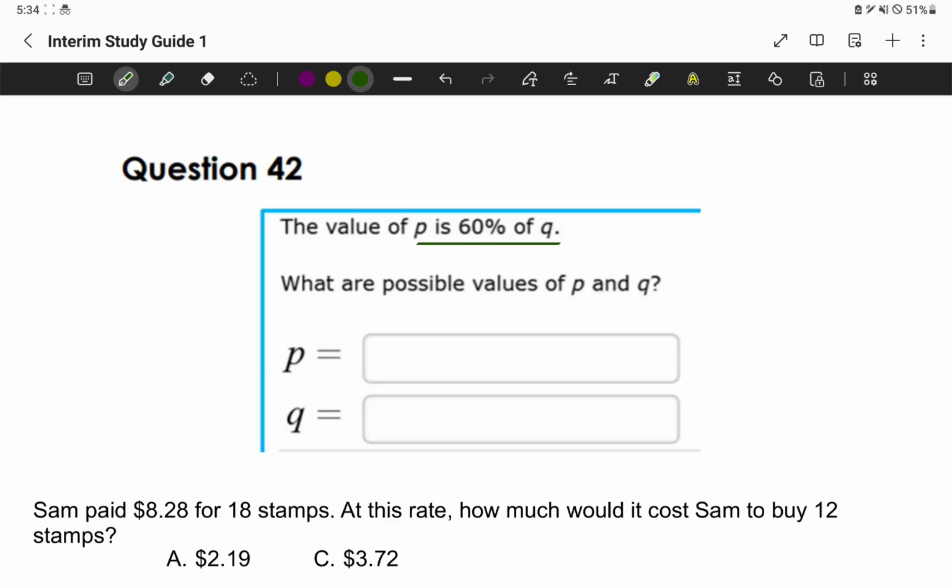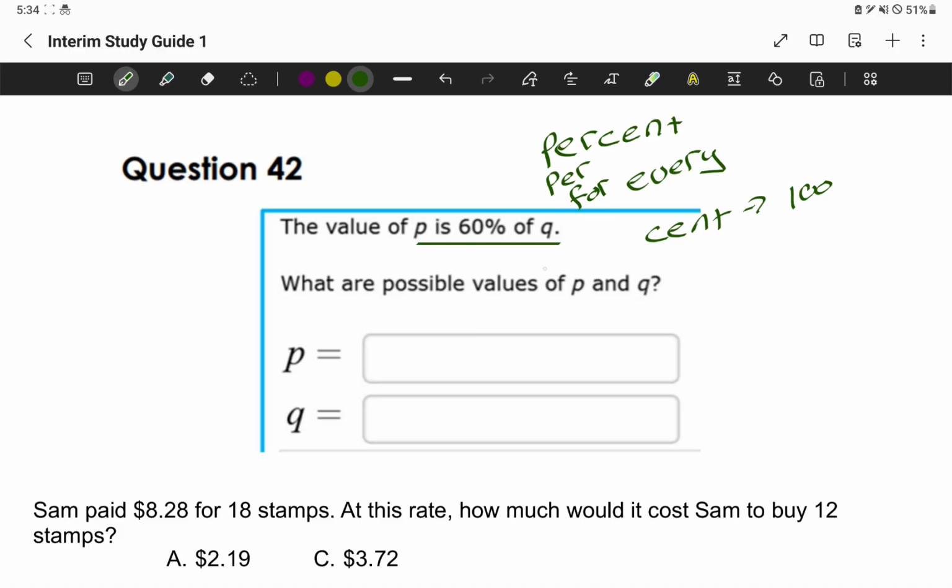Well, the word percent: per is for every, and cent is 100.